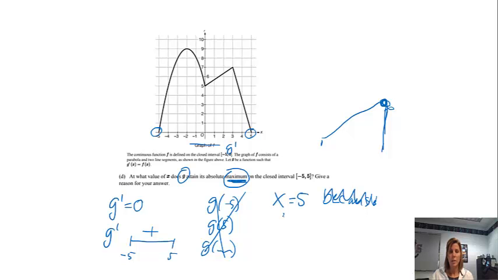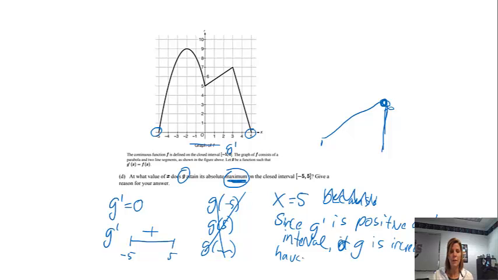I'm going to say since g prime is positive on the interval, g is increasing, so we'll have its maximum at the right endpoint. And that is all I will say. And number 3 is done.